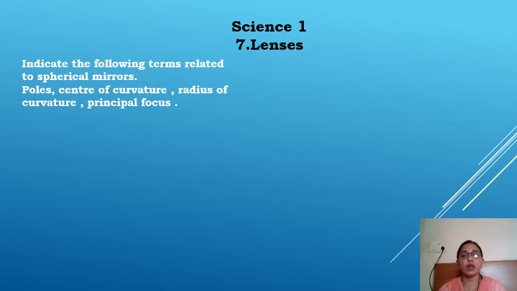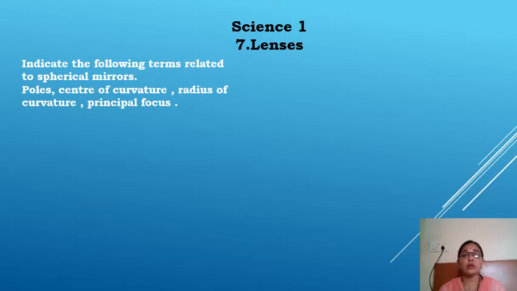So we'll start with our science lesson number 7, that is lenses. These lenses deal with transparent substances, and many times we use these lenses in our day-to-day life. But let's recall some terms we have studied about mirrors.